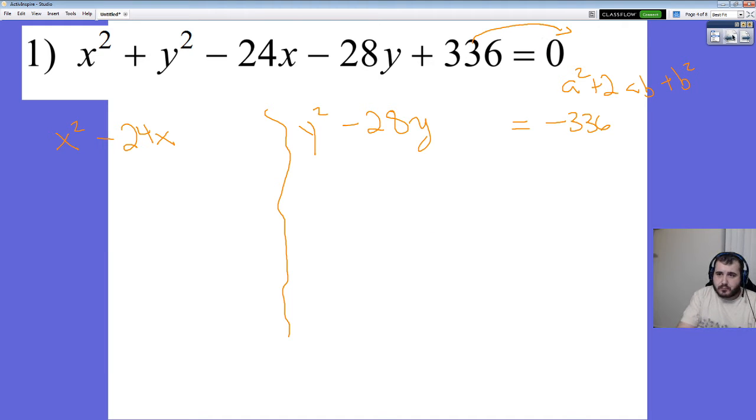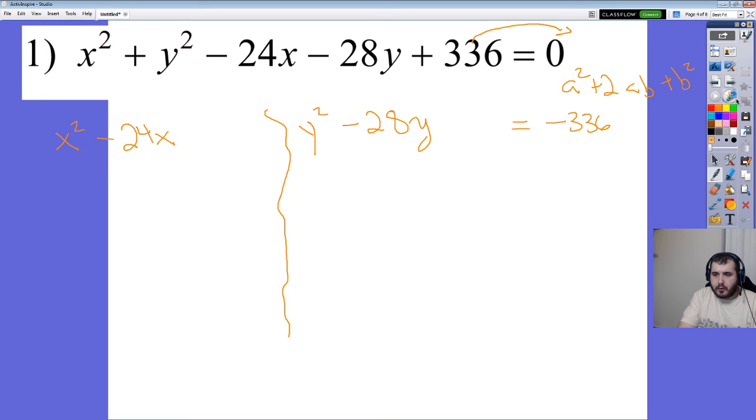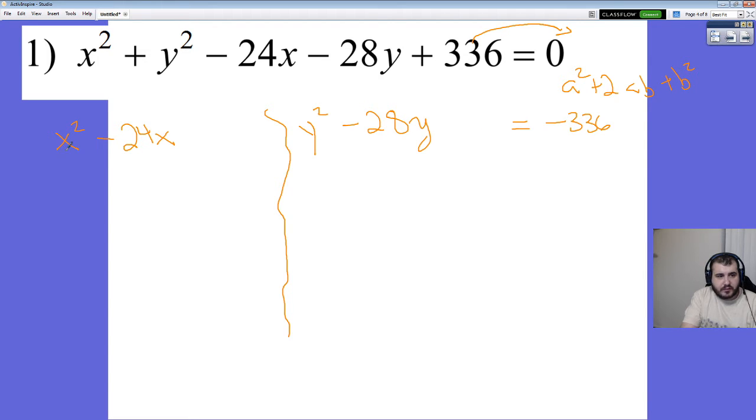Remember what I said, the formula that we want to conform to is a squared plus 2ab plus b squared. The important part here is that your a squared is always this first quadratic term, the x squared. So a squared is x squared.